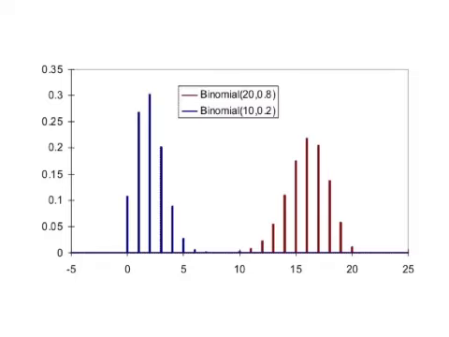And then you will see this distribution shows the probability of seeing no heads up is like 10%. The probability of seeing 3 heads up for the second experiment, the experiment with the 10 trials, is like 30%.